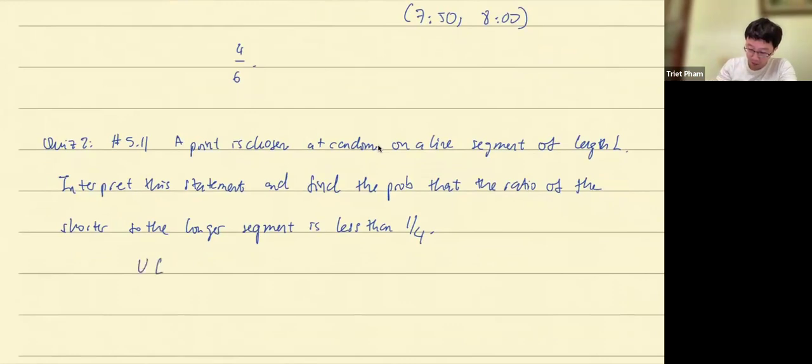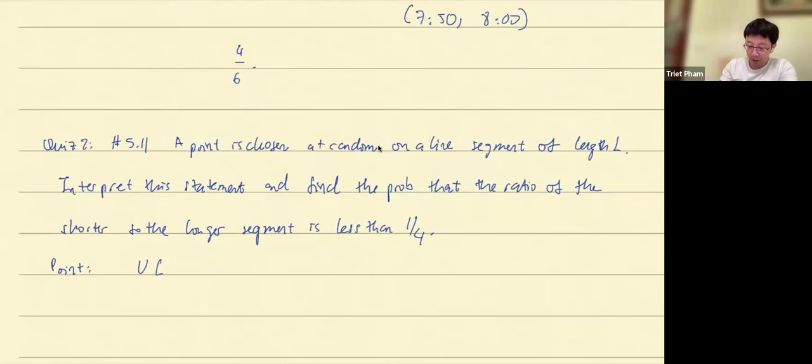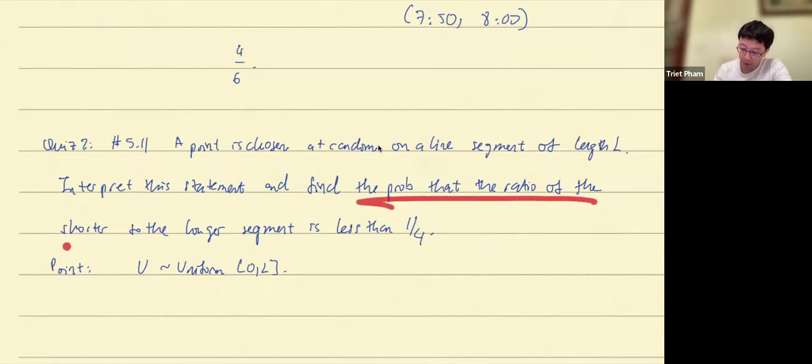So basically the point where you break off the segment is uniformly from 0 to L. Okay, like that. And then they want to find the probability that the ratio of the shorter to the longer segment is less than 1/4. So how do we do this?